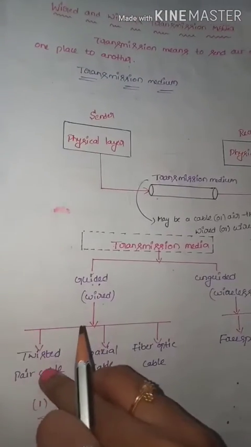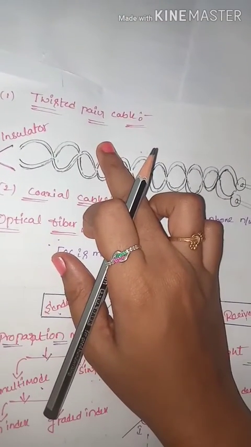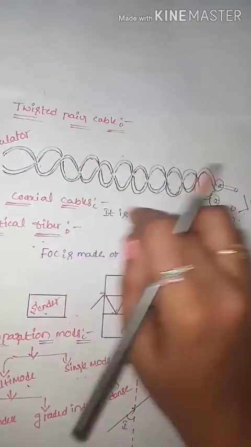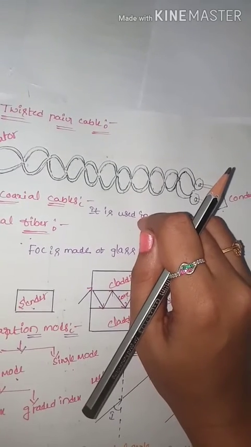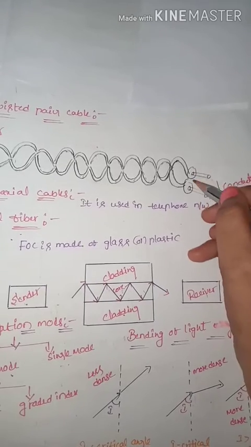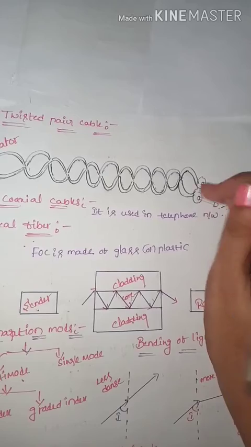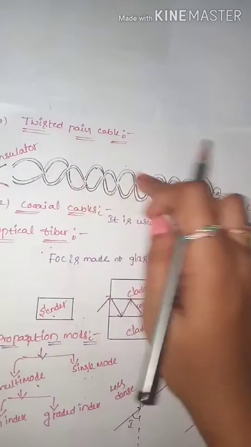Coming to the twisted pair cables. See here, this consists of two conductors. This is one conductor, this is the other conductor, and these two are twisted together, as shown in the figure.